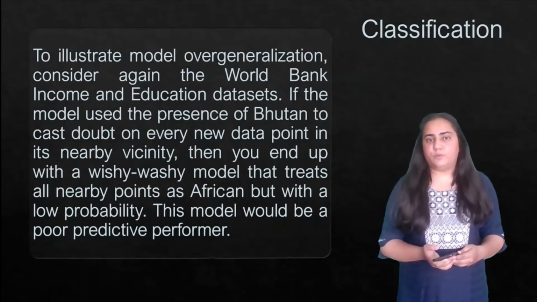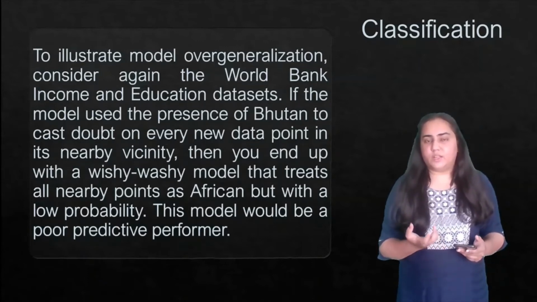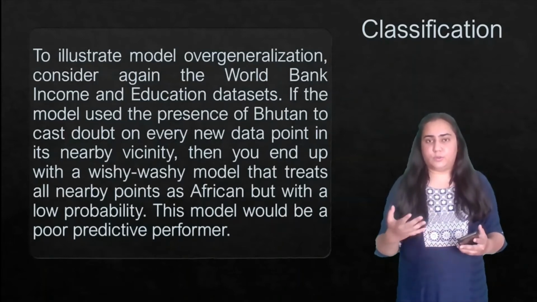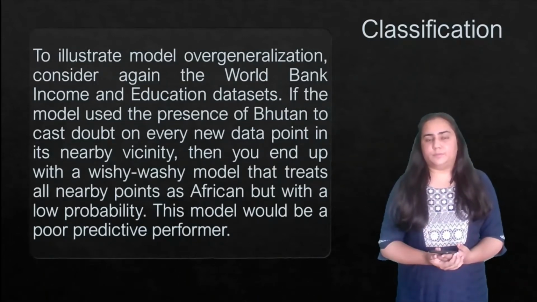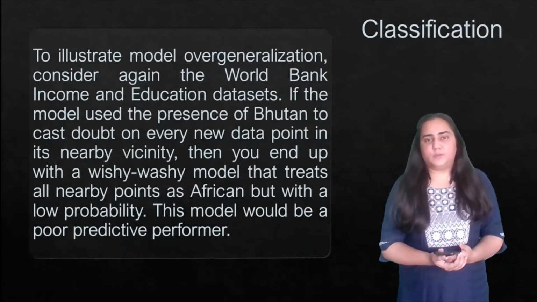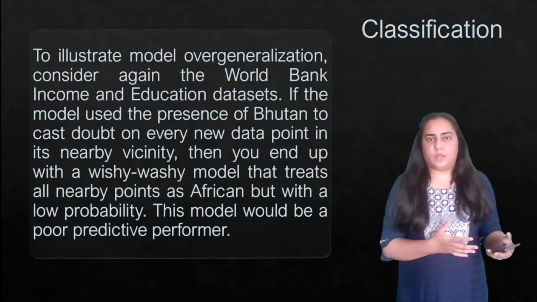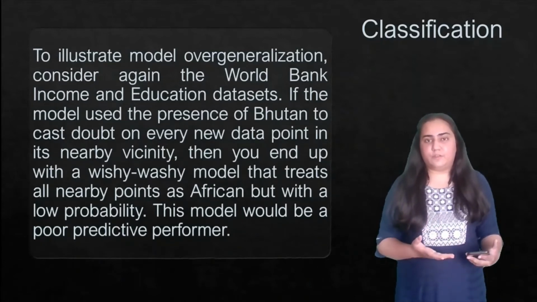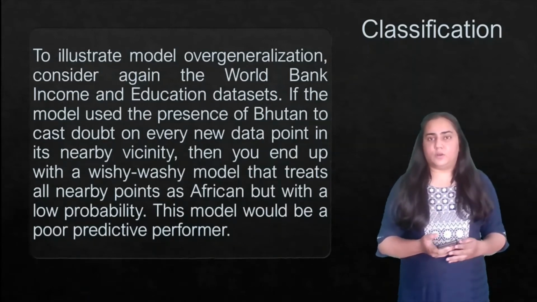And this model would be a poor predictive performer, because just because you found this one country, Bhutan, which was wrongly classified as belonging to the African continent, if you decide that now you want to generalize your model a bit, it's possible that all the nearby points are also brought into Africa instead of being Asian, but with less confidence. The probability is low, and that's why your model is no longer reliable.